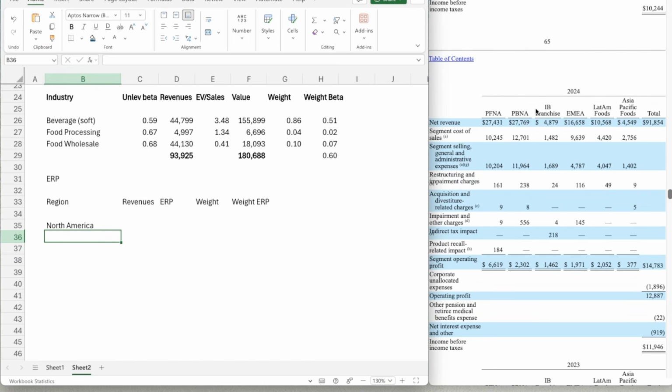Okay, so North America, then we'll go Europe, Middle East, and Africa, LATAM, and then APAC. And then for the bottling, I think we can just use the global one for that.